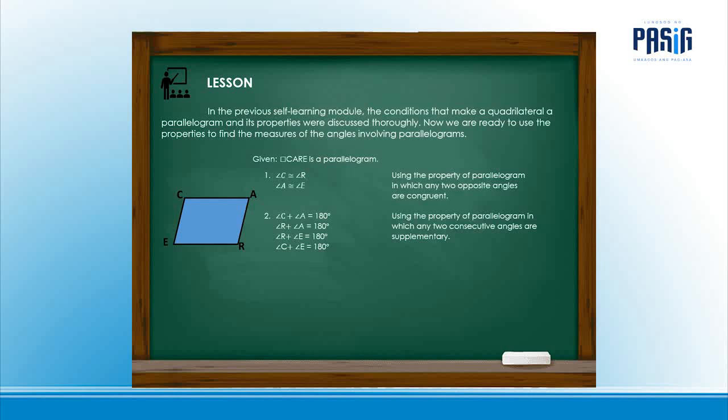Using the property of parallelogram in which any 2 consecutive angles are supplementary. If quadrilateral CARE is a parallelogram, then triangle CAE is congruent to triangle RAE, using the property in which a diagonal of a parallelogram divides the parallelogram into 2 congruent triangles.